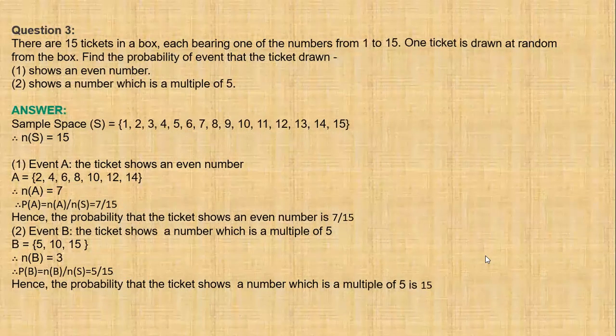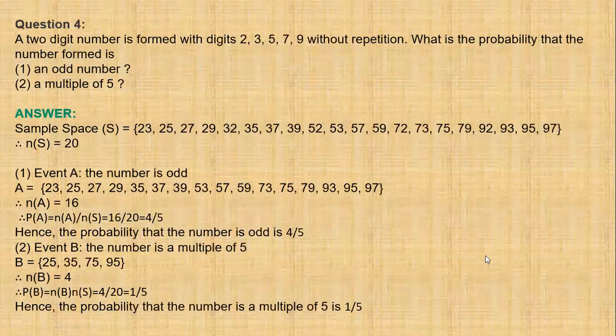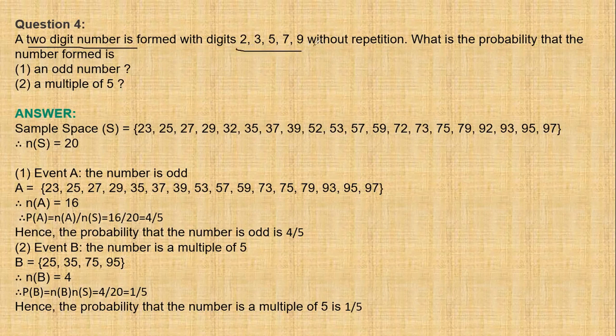Now the next one, the fourth one. Two-digit numbers are formed with the digits 2, 3, 5, 7, 9 without repetition.